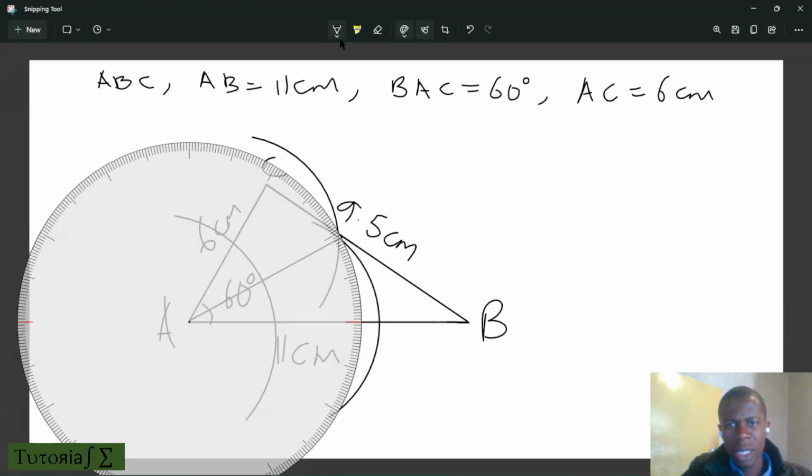So let me just bring out a different color there so that you see the difference.